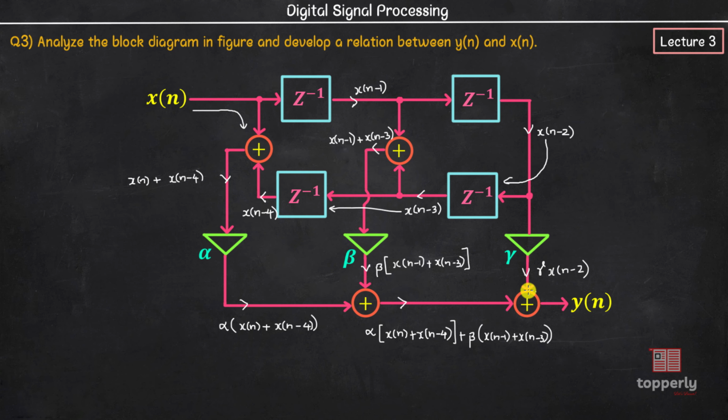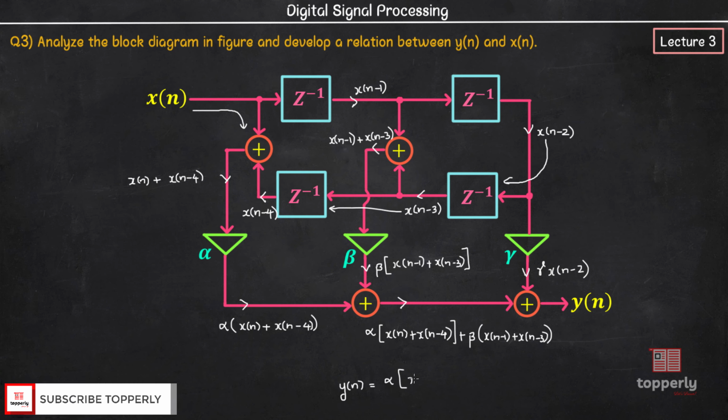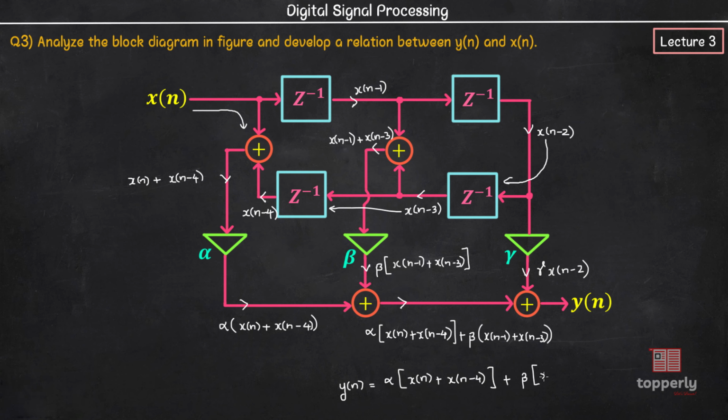Now the input to this adder circuit is gamma times x of n minus 2 and this expression. So the output y of n will be y of n equal to alpha times x of n plus x of n minus 4 plus beta times x of n minus 1 plus x of n minus 3 plus gamma times x of n minus 2. So this is the relationship between x and y in this particular question.